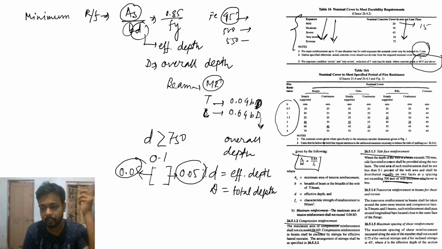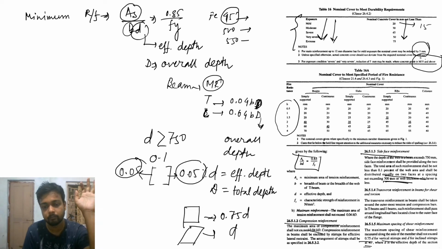Maximum spacing for shear reinforcement: the spacing should be 0.75 d for vertical stirrup, and for inclined stirrup at 45 degrees, the maximum spacing should be just d. So this is very important. Please underline this clause.